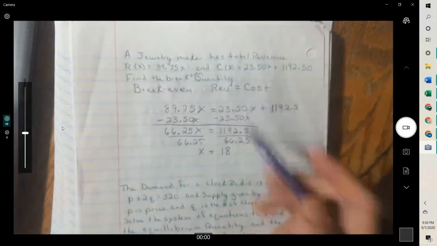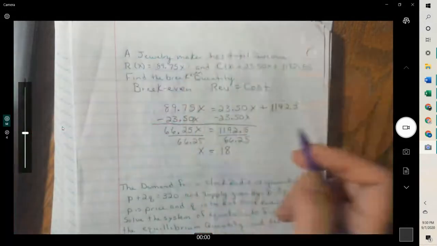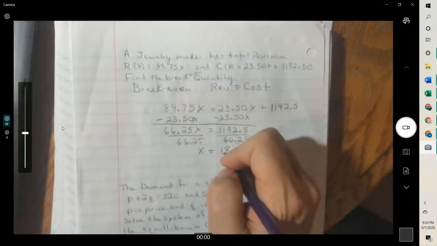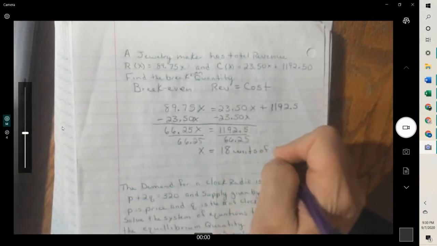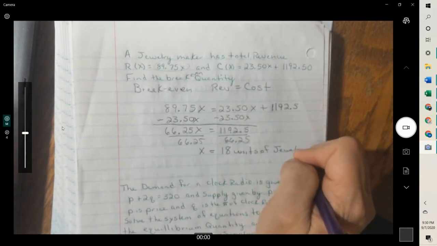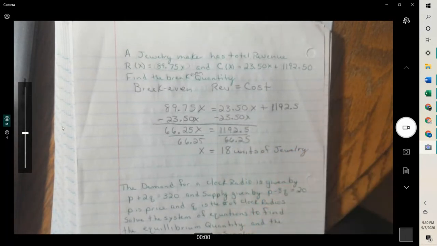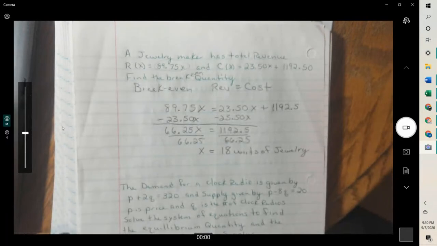I didn't write it. So the break-even quantity is 18 units. So you have to sell 18 units before you can break even. So you haven't made any money until you sell those 18. Yeah, that's all that one asked.